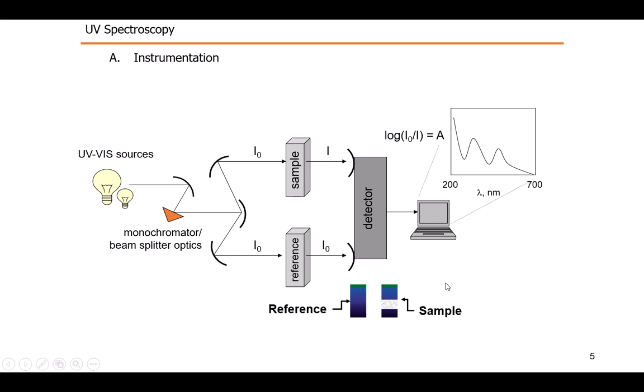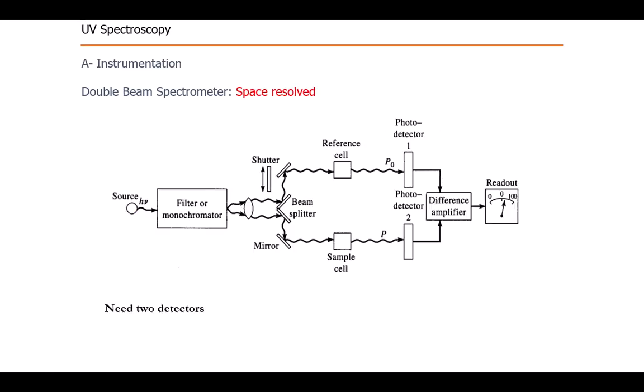These double beam spectrophotometers are of two types. One is called a space resolved spectrophotometer, in which we have two detectors, one for the sample, the second for the reference.